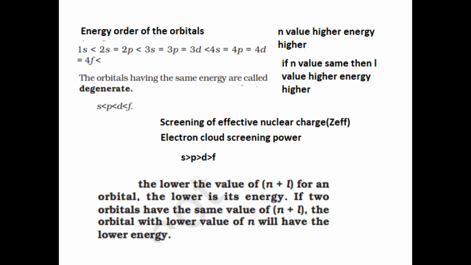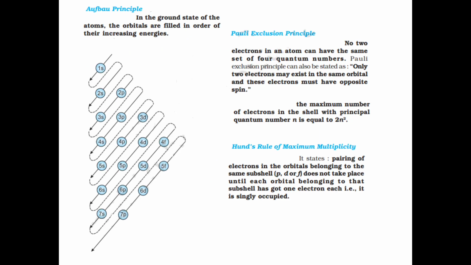This relates to the screening of the effective nuclear charge, Z effective, by the electron cloud. The lower the value of n plus l for an orbital, the lower the energy. If two orbitals have the same value of n plus l, the orbital with the lower value of n will have the lower energy.